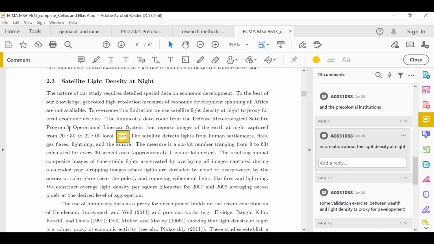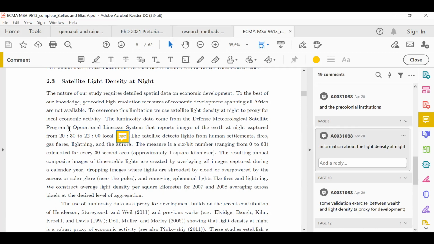And they use, obviously, artificial light to proxy for development. Usually we use GDP, but instead of using GDP, they use satellite lights or artificial light, which we know when we look at the map, right? I used to show the students the map. We know that Great Britain is very illuminated, or that England is very illuminated, and Scotland much less so.